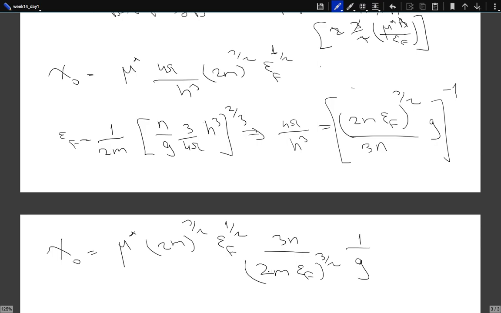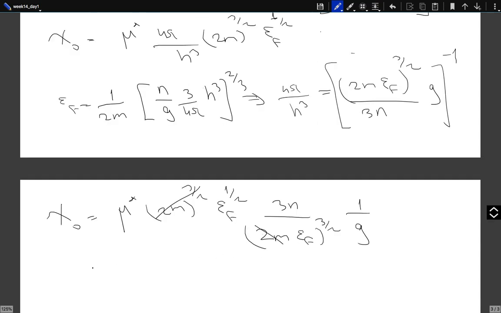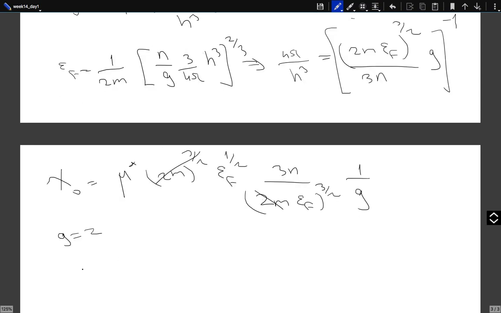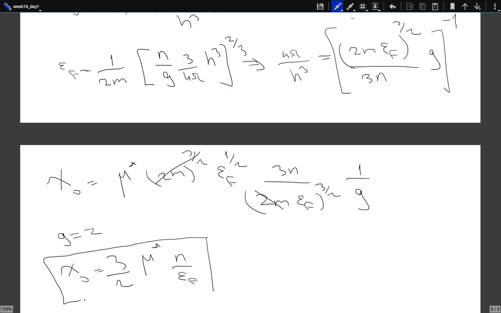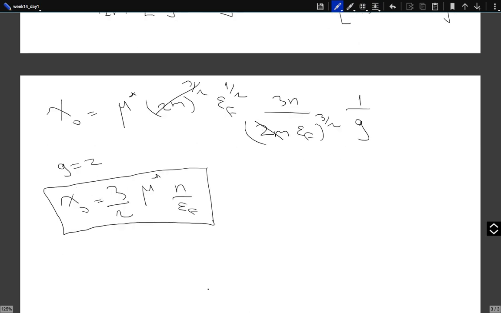Now these two m's will cancel. We have a somewhat simpler expression, just taking g equal to 2: mu star times 3 over 2, n over epsilon Fermi. This is the zero temperature result.